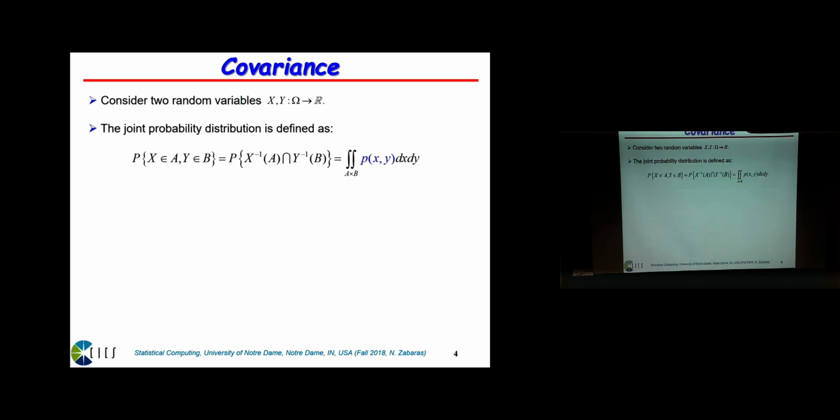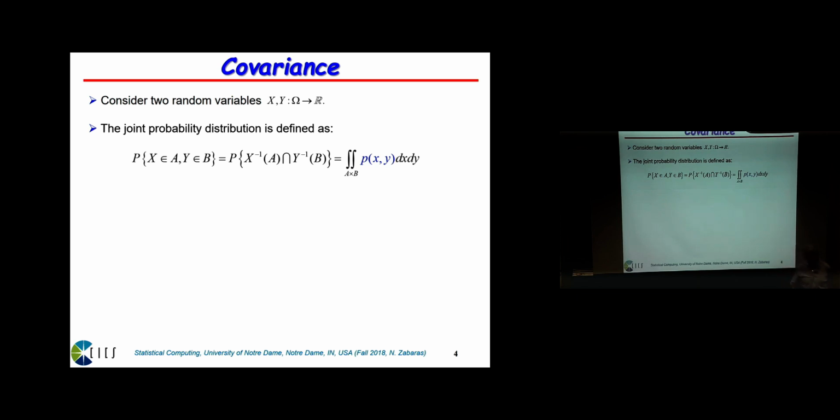First, the joint probability distribution is defined with this equation, and particularly the first part. You remember when we started talking about probability, we discussed probability of events. So if we have probability of random variables x and y, we define this through the probability of events using this first part of the equation, which says that the probability of x belonging in A and y belonging in B is really the probability of events through which x and y are mapped on the domains A and B of the real line.